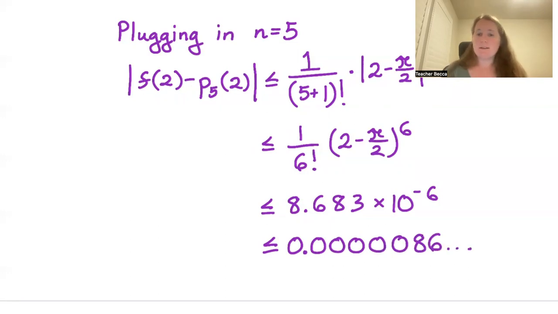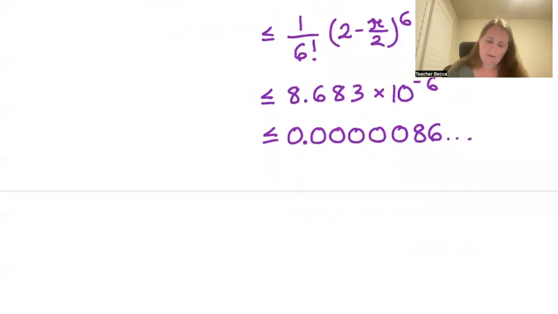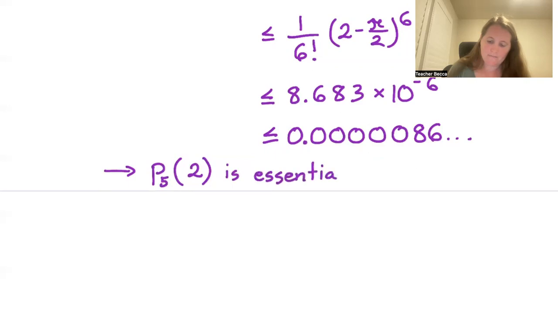So this is a very small error for estimating sine of 2, right? So this means that P sub 5 of 2 is essentially sine of 2.